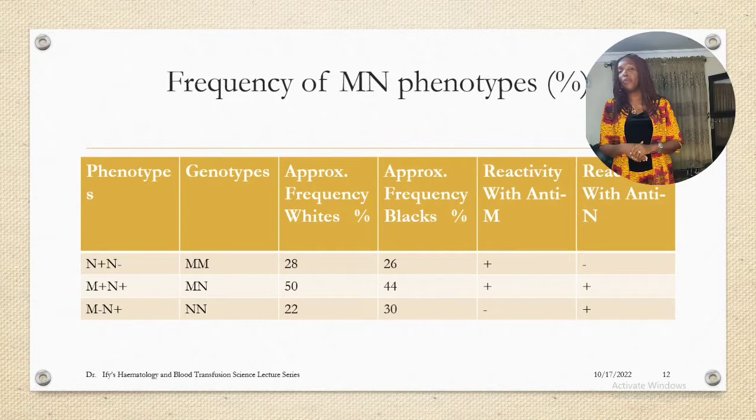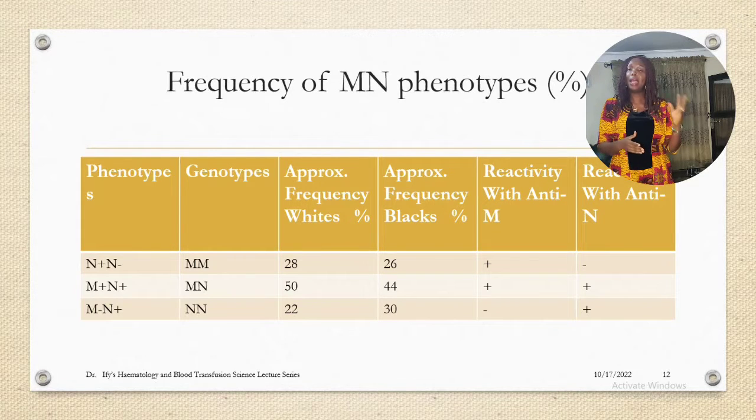They are about 28% in whites and 26% in blacks, and because they have the M antigen, they react positively with anti-M and negatively with anti-N.